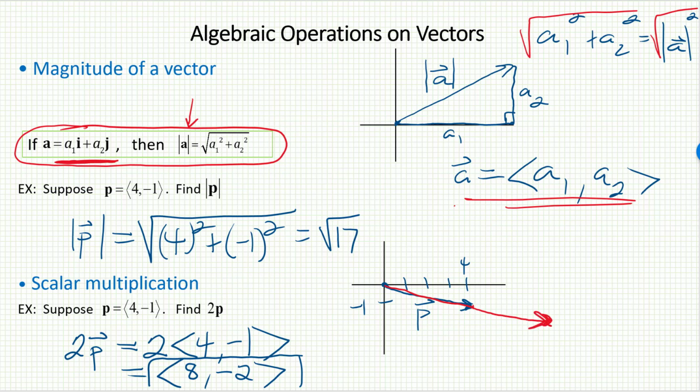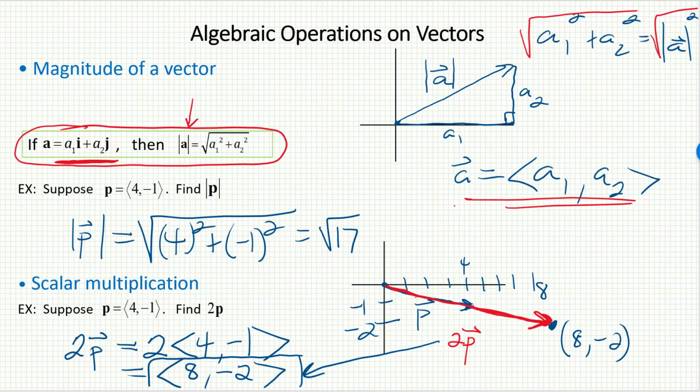So this red vector would be vector 2p. Since I just put another copy of vector p at the end of the first vector p, this would again travel 4 units over, bringing me to 8, and another 1 unit down, bringing me to negative 2. This must be the point (8, negative 2), and therefore vector 2p is the vector 8, negative 2.